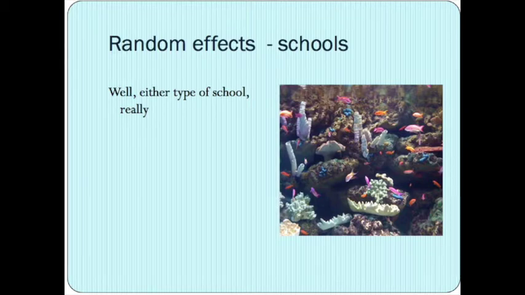Now, let's look at a random effect. Schools are a random effect. So if I'm interested in the difference in, say, how secure students feel by school, I can go out and select a random sample of 17 schools. But that's not all of the schools that there are. So I could say there's variance among schools, but I've randomly got people within school who are going to be correlated.